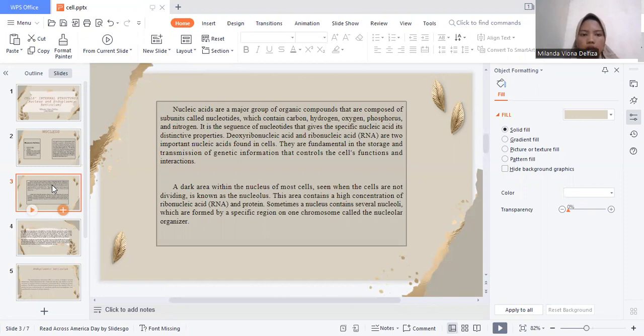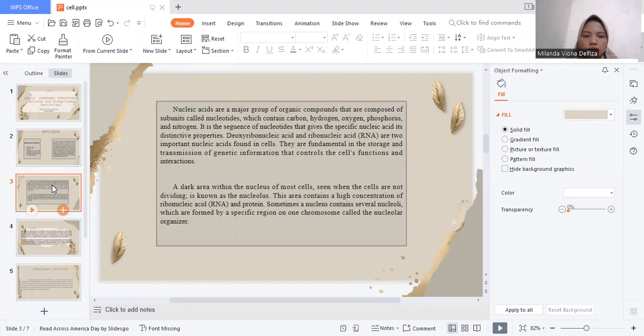A dark area within the nucleus of most cells, seen when the cells are not dividing, is known as the nucleolus. This area contains a high concentration of ribonucleic acid and protein.